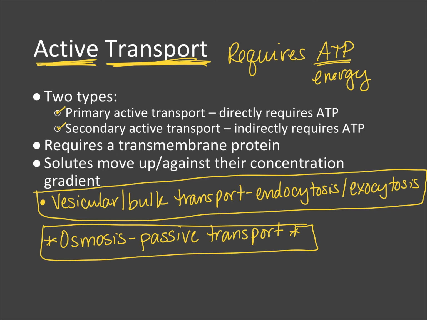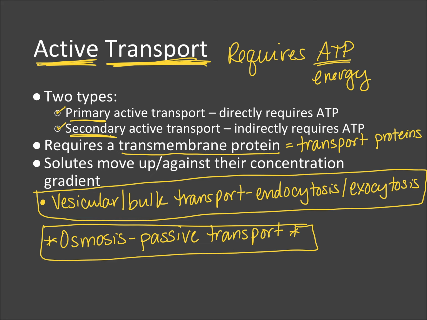First of all, regardless of whether we're talking about primary active transport or secondary active transport, one thing to keep in mind is that it's similar to facilitated diffusion in that we need a transmembrane protein. Remember that these are the transport proteins.